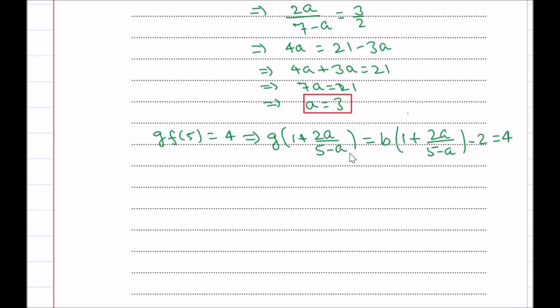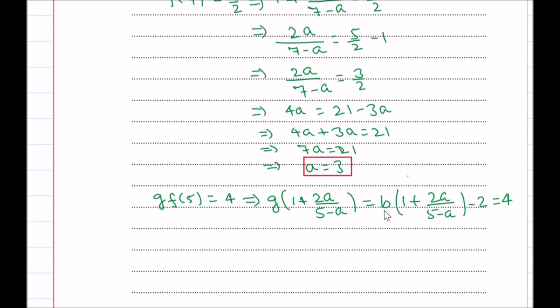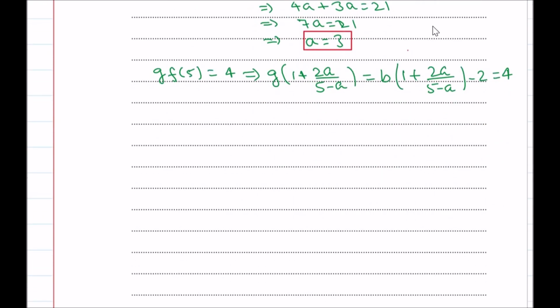Now once you are substituting this in G, we get b times (1 plus 2a by 5 minus a) minus 2 equal to 4. Okay. Now let us solve this. We need to substitute the value of a.